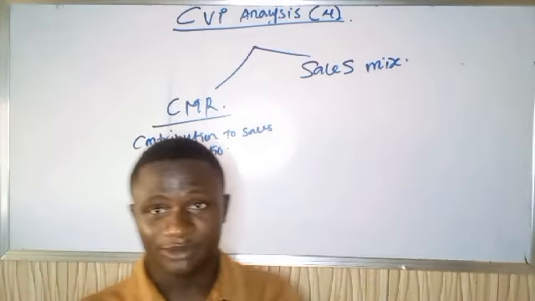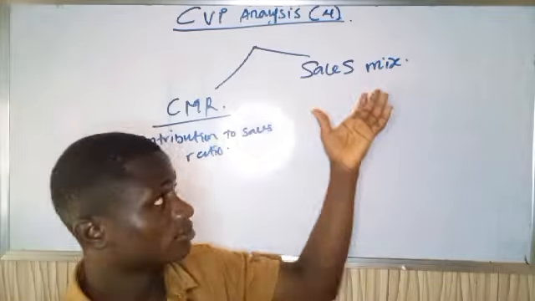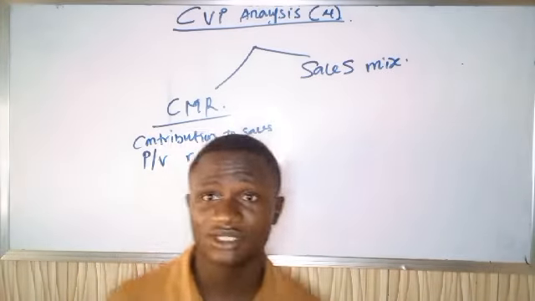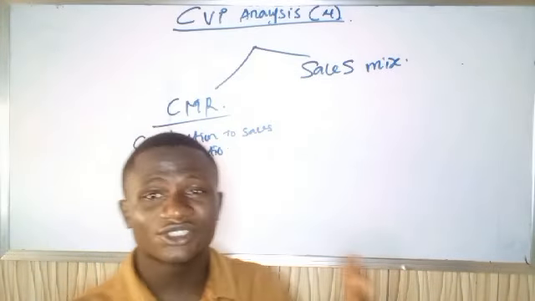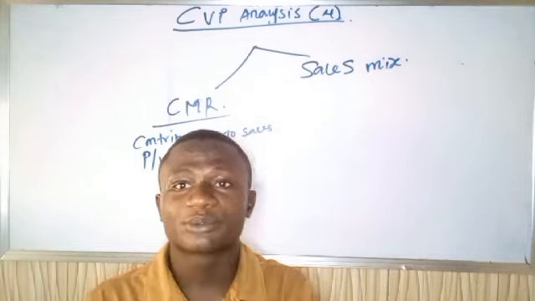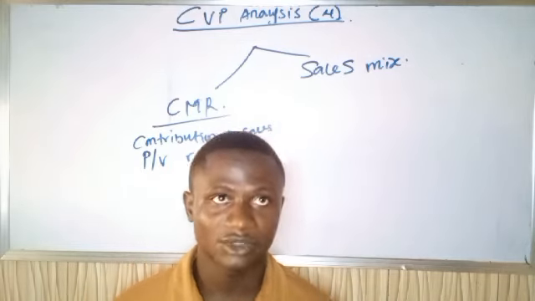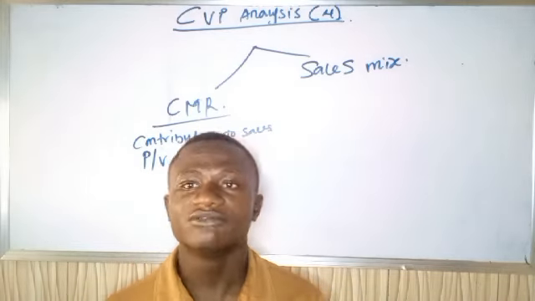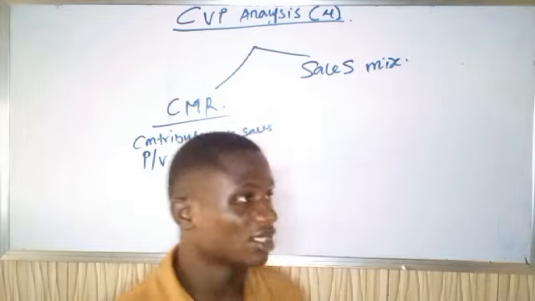Now let me just give an explanation on this sales mix method. You are familiar with this already if you have watched my previous videos. What this sales mix method is about is that whenever we are producing and selling, we need to establish a relationship between the products we are selling.